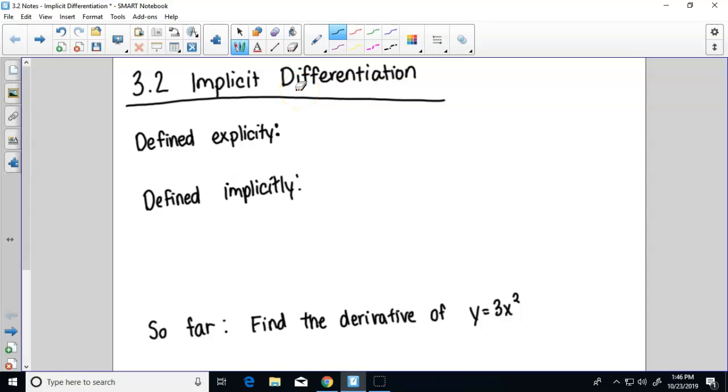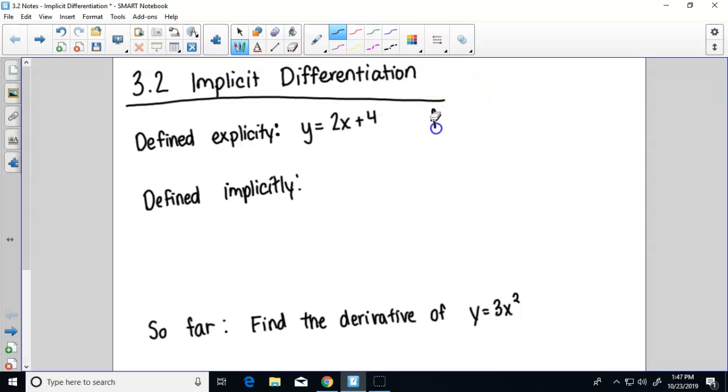Equation. Everything we've done so far, we've been dealing with equations that are defined explicitly. So, for example, we might have an equation that looks like this: y equals 2x plus 4. That is an equation that's defined explicitly.